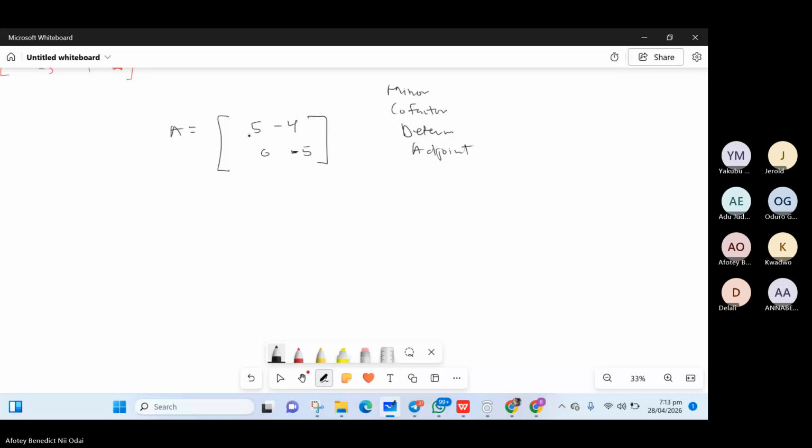Now, the first thing that we find is the matrix of minors. So this is a 2 by 2 matrix. When you cross out this row and column, you are left with -5, right? The determinant of just one entry is still that entry. So the matrix of minors, let's say, is -5 for the first entry.